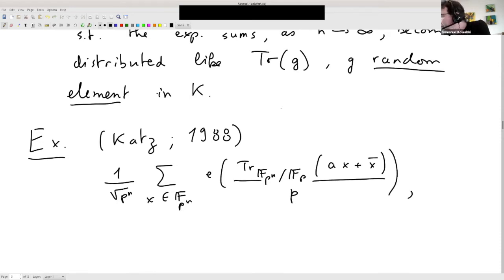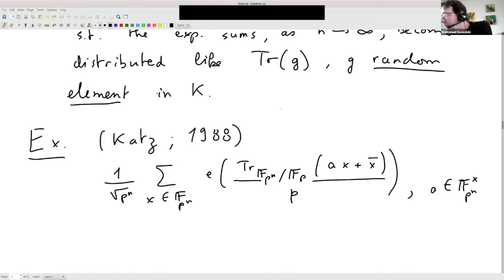So you fix an F_p, then you look at the extension of degree n, you take a parameter a, which in fact will be non-zero to make things work better here, in F_{p^n} star, and you look at the exponential sum, which is the Kloosterman sum with parameter a.